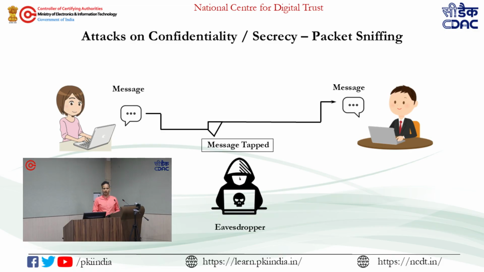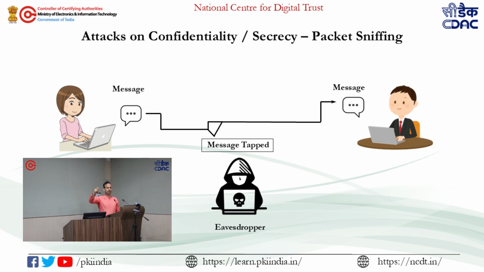Now what happens in the electronic world? In the electronic world also we have attacks on confidentiality. Ultimately when I am browsing any website, when I am surfing on the internet, my data from my mobile or from my computer goes to some other computer which is located maybe in the USA or maybe in India itself, in Mumbai. Now how does the data go?